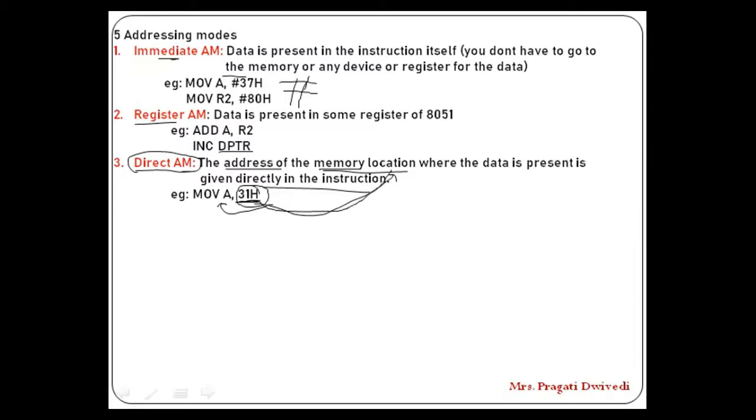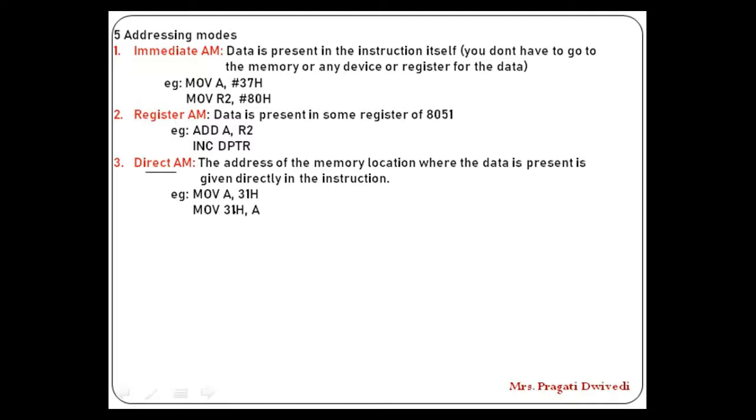And where is that data? It is there in the memory whose address is 31h. Go to that location, take the data and move it in the accumulator. So it is MOV A, 31h. Again, there is a number which doesn't have a hash before it, so it is an example of direct addressing mode. This is very straightforward.